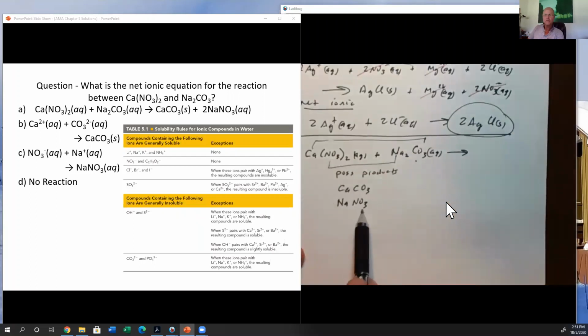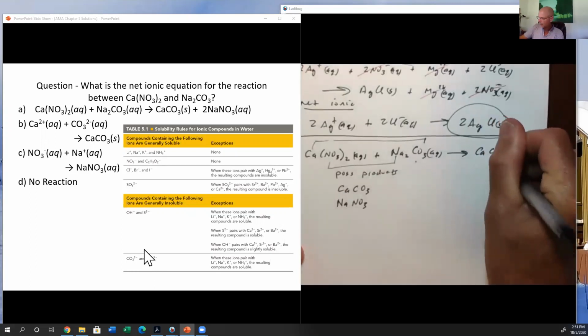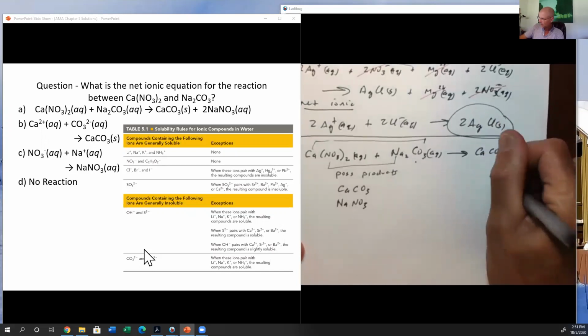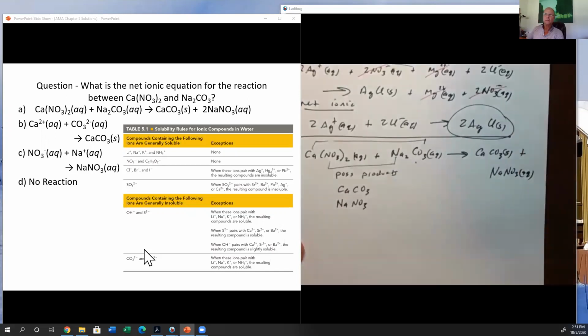Calcium carbonate and sodium nitrate. And then you look at the solubility rules and which one is insoluble? The calcium carbonate, right? So this is going to be calcium carbonate, and that's going to be solid, plus sodium nitrate, and that's going to be aqueous.